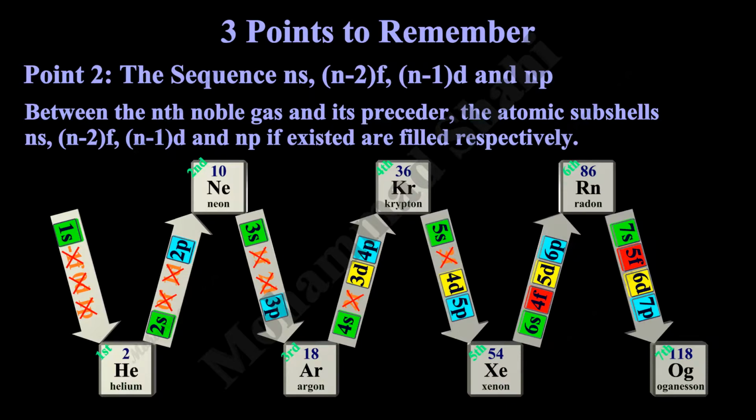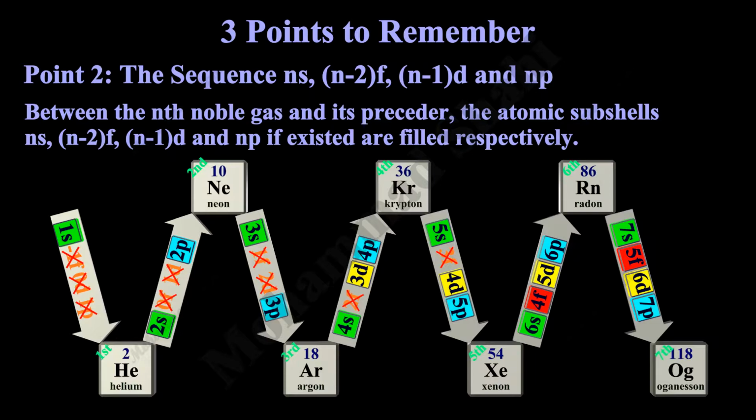For example, xenon is the 5th noble gas, and between xenon and its preceder, krypton, the atomic subshells 5s, (5-2)f or 3f, (5-1)d or 4d, and 5p, if existing, are filled respectively.